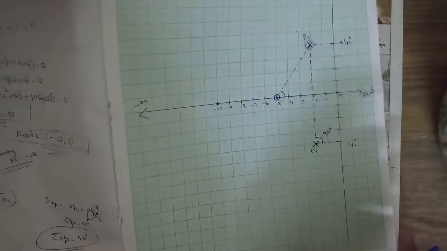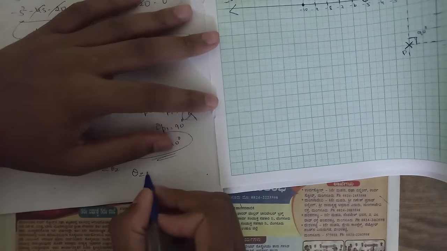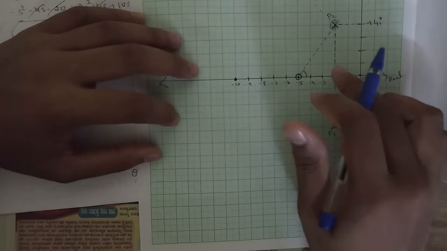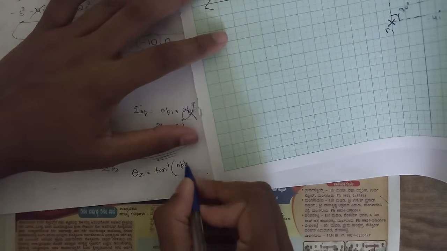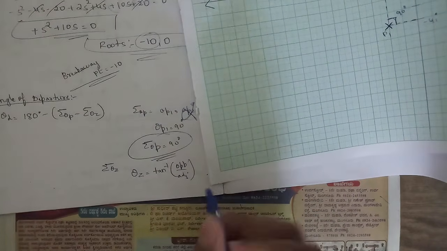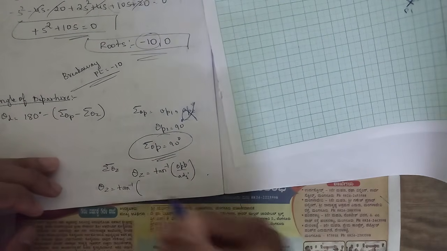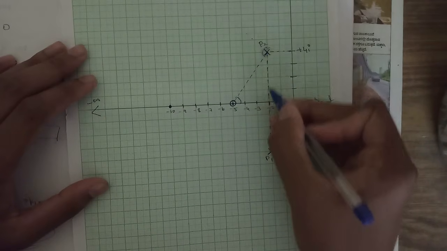Also, theoretically we can find this angle, that is theta z is equal to tan inverse of opposite side by adjacent side in this triangle. The opposite side here, this side is opposite, right?